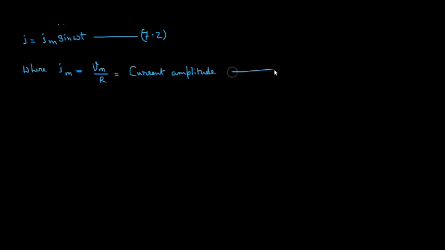And this is written as equation 7.3 in your book. Then what is 7.3? 7.3 is nothing, just Ohm's law. V is equal to IR, nothing else.